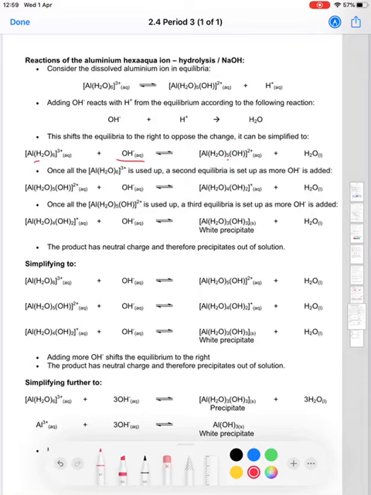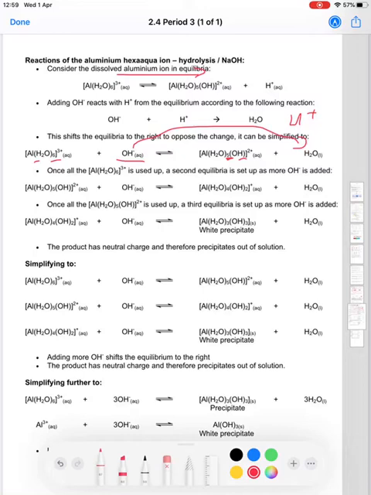The equilibrium here shifts that way, which means we get to a point, if we keep adding hydroxide ions, that all of the hydrogens off one of the waters are removed. So the hydroxide here has formed that by removing a hydrogen from one of the 6 waters, which leaves you with 5 waters and 1 hydroxide, and the charge goes down by 1.